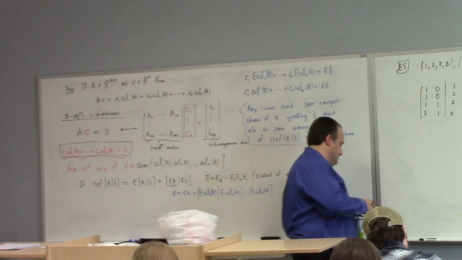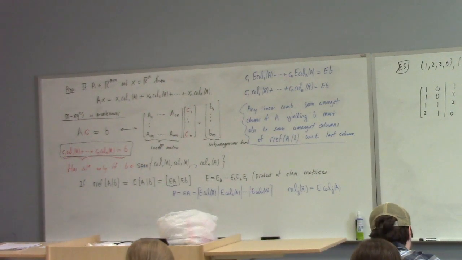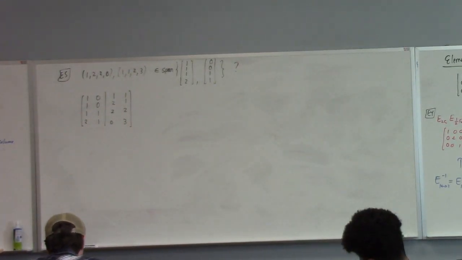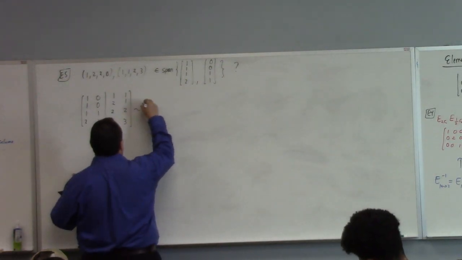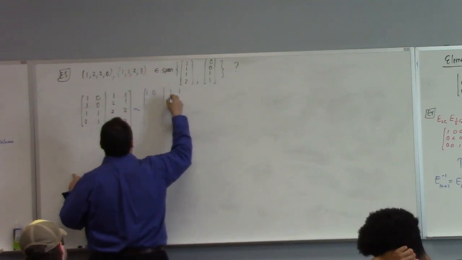Now, let's do row reduction, right? So you guys know how to do that, right? So let's do it. All right, so let's see here. First up, I've got 1, 0, 1, 1. Nothing changes there.